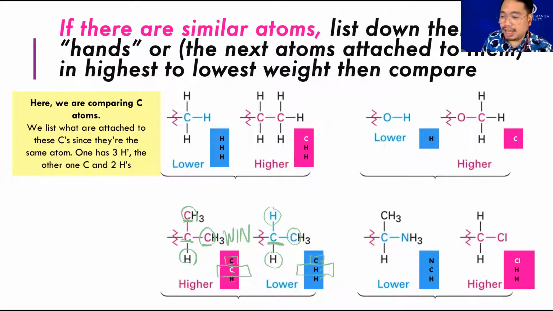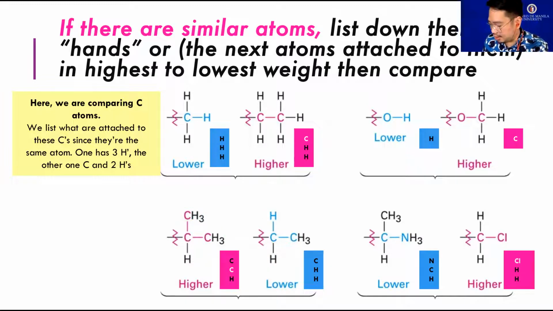So if this were a game fighting between who gets second and third place, then this will be priority two. This will be priority three. Same here. Nitrogen, carbon, hydrogen, NCH. Here, chlorine, hydrogen, hydrogen. Chlorine wins versus nitrogen, so this already wins the game. Okay?